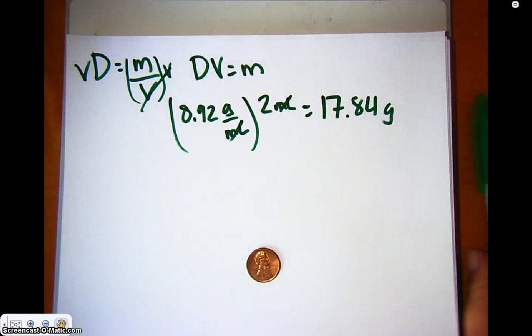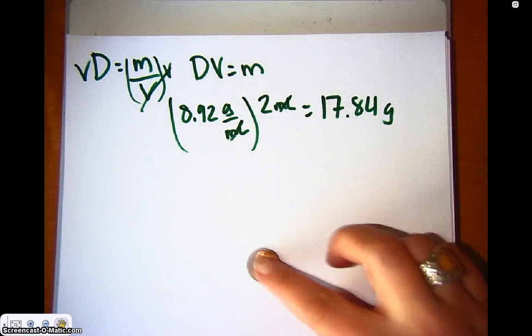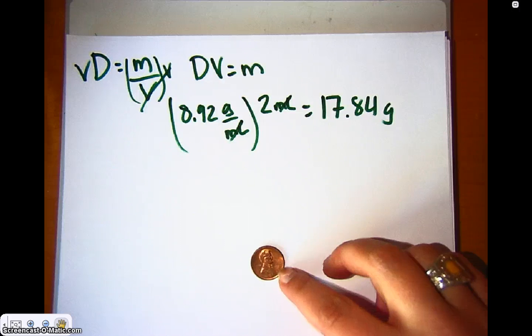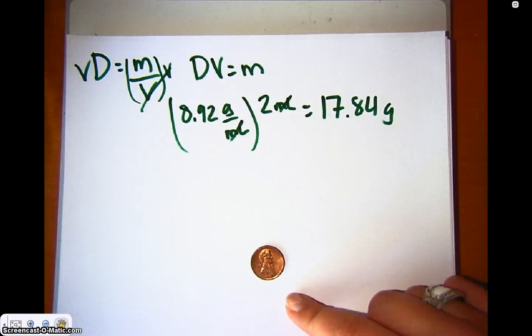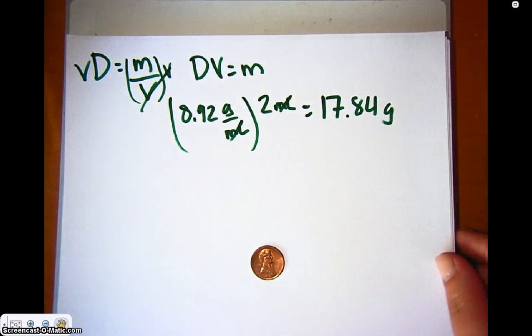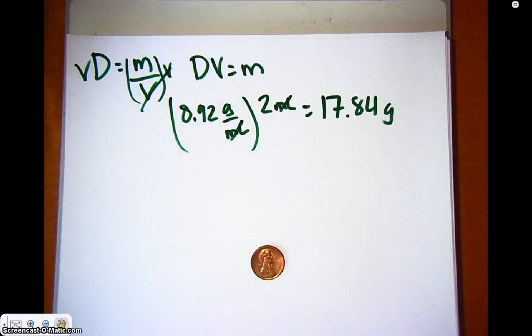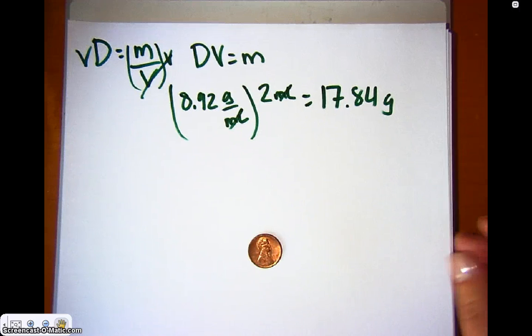So what I want you to do is take that penny, and determine the density of the penny by, as accurately as possible, measuring the mass and the volume, and determine whether or not you think that penny is pure copper or whether or not you think it's a copper and zinc mixture.